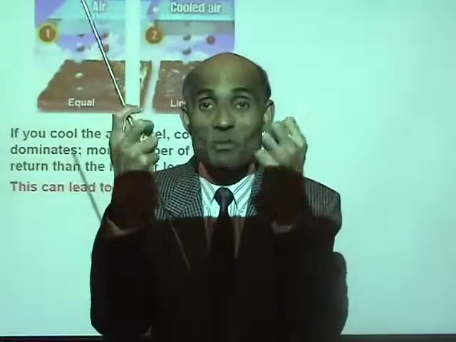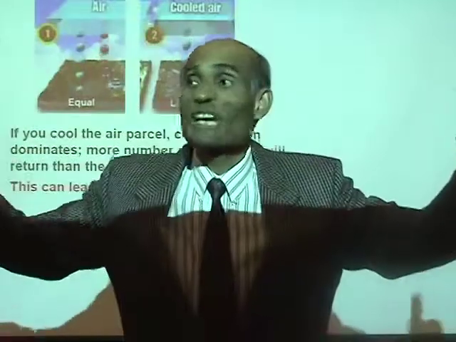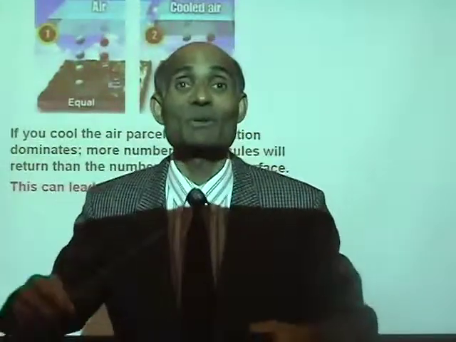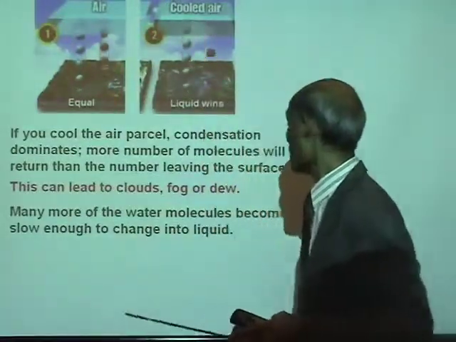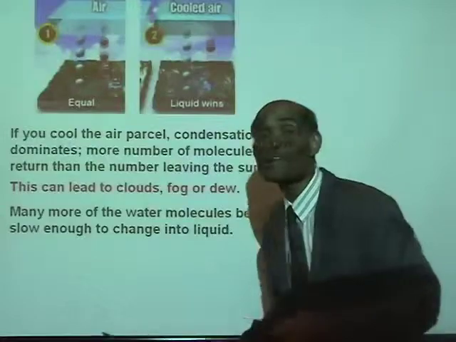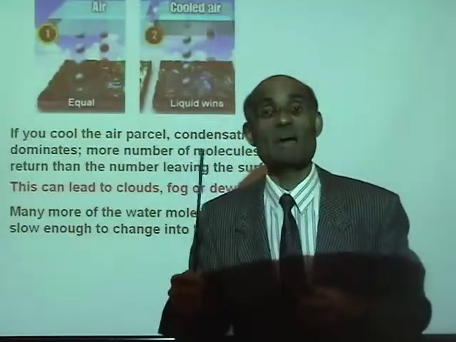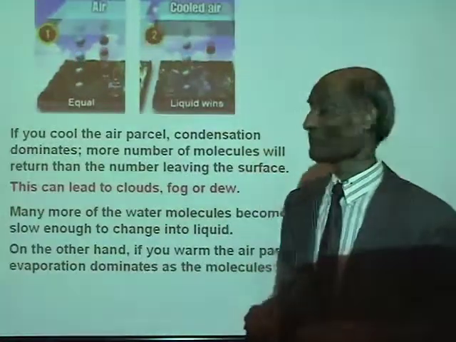Because when the temperature is cooled down, the water vapor will begin to condense. It is the condensed water vapor that is fog and cloud and so on. Many more of the water molecules become slow enough to change back into liquid. That is the process of condensation.